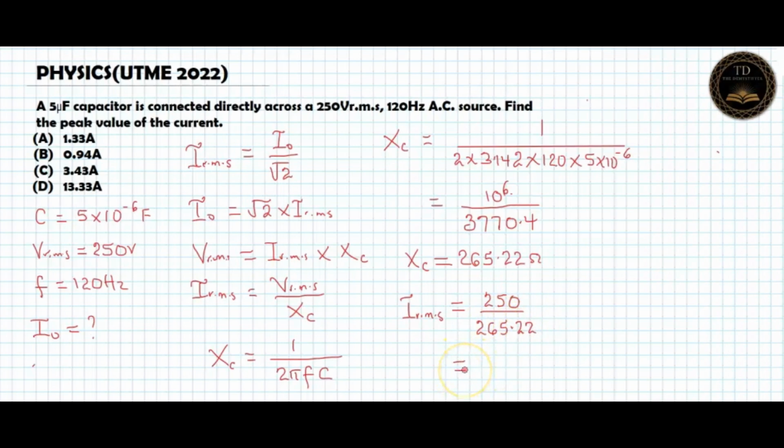I'll do that on my calculator. 250 divided by 265.22 gives 0.943. Let me use 3 decimal places this time: 0.943 amperes. That's for the root mean square current.